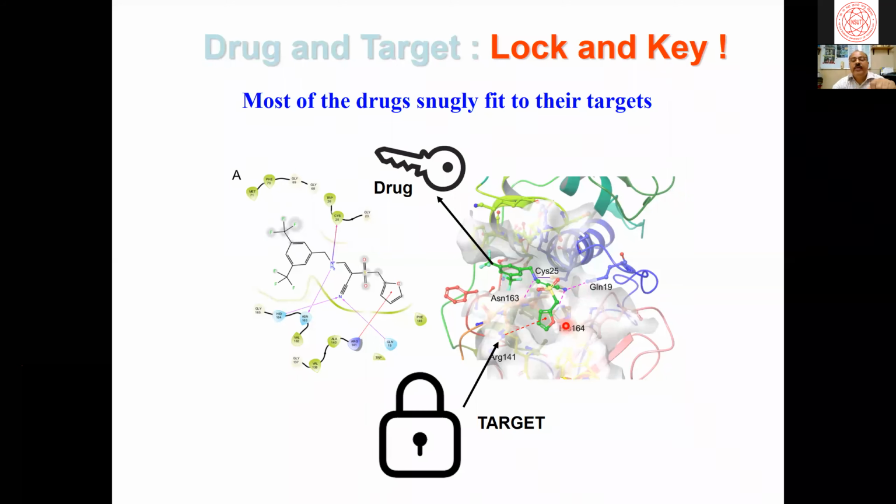So you know exactly where the binding site or the reactive site is, where a drug or a drug-like molecule can go and fit in snugly.